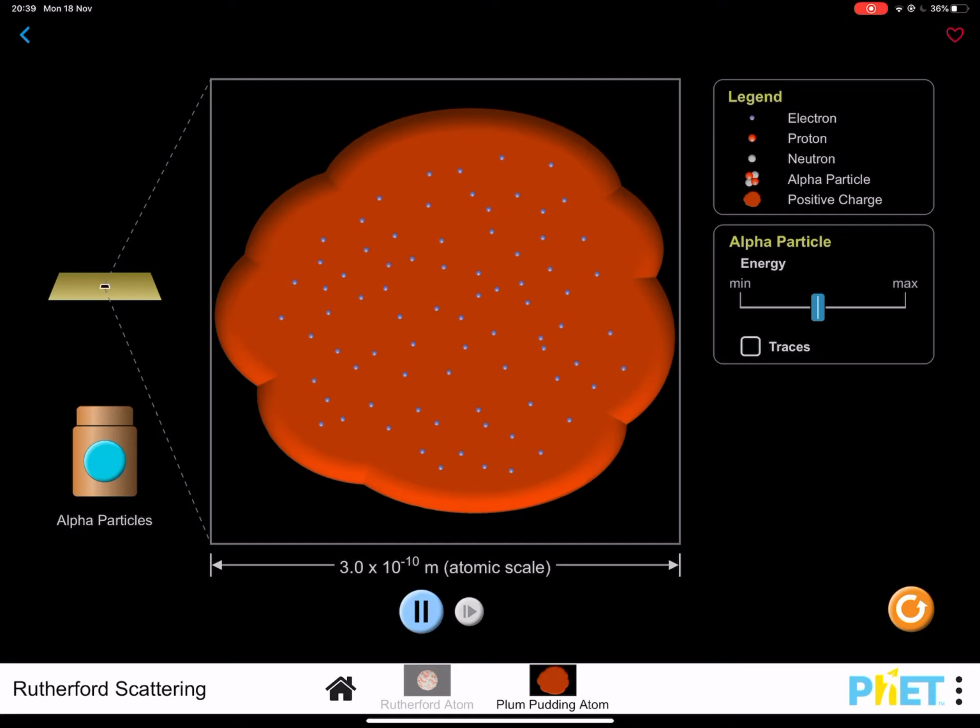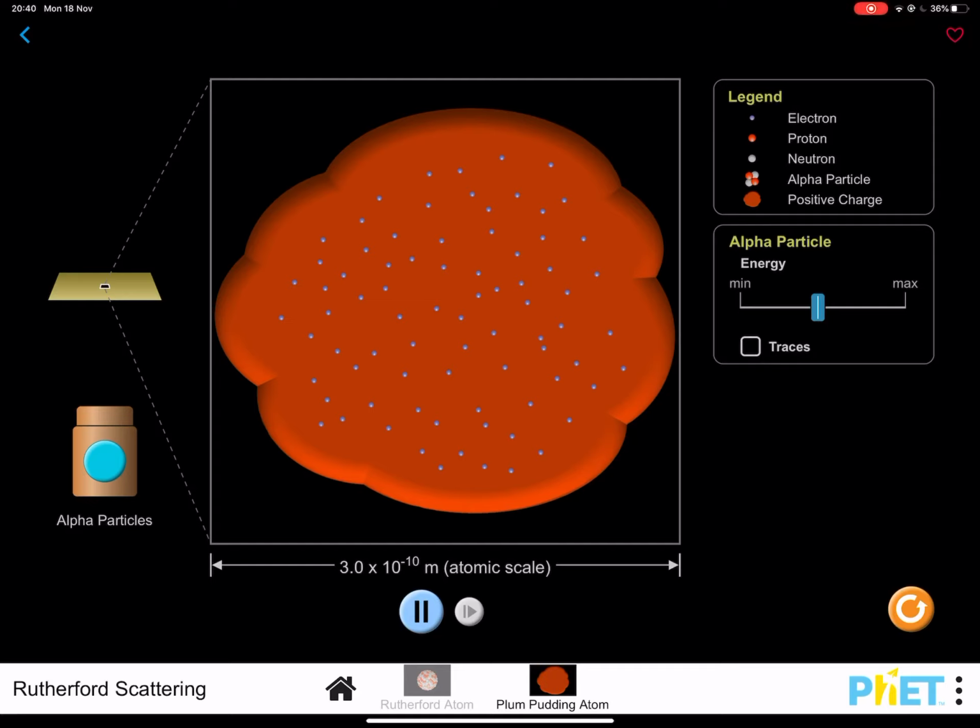Before we break down the data and explain how the atom comes about, I just want to take a step back to the plum pudding model.